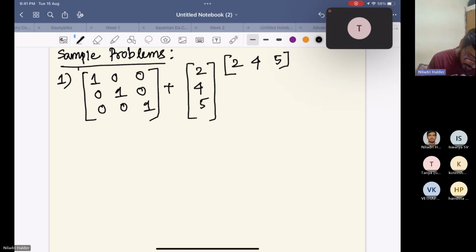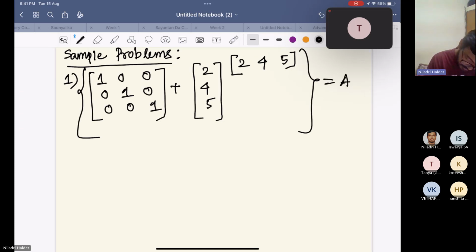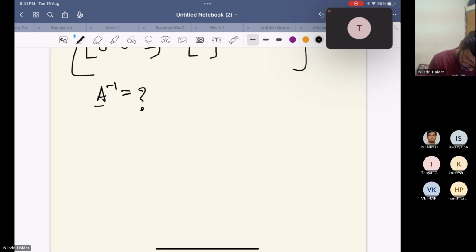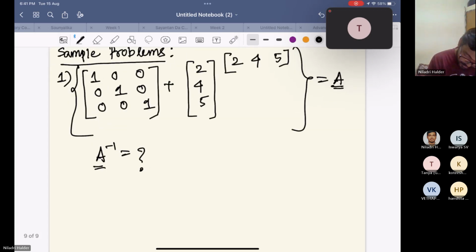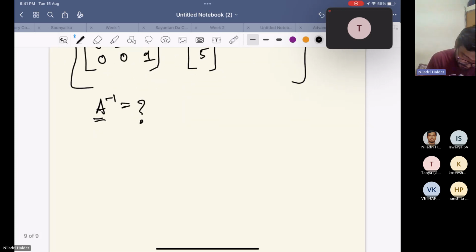So what will be the inverse of this matrix? What will be the A inverse?